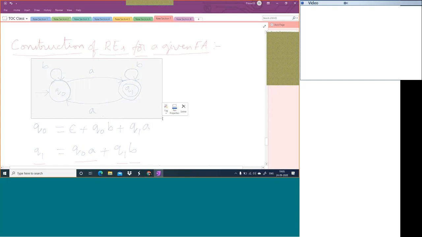Copy this diagram. For the diagram, can anybody say what kind of strings this machine will accept?